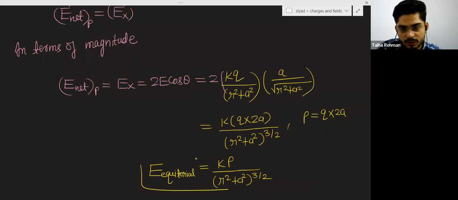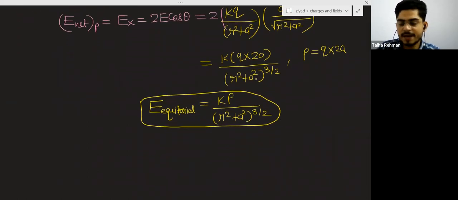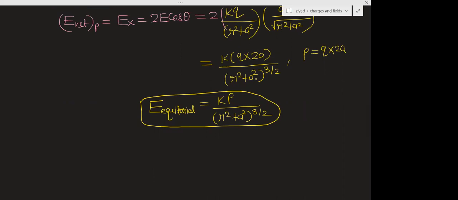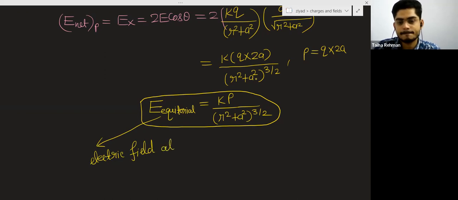And this is also known as electric field at a point on the perpendicular bisector, which is when we draw a line from that point. Means you can say electric field on the perpendicular bisector.